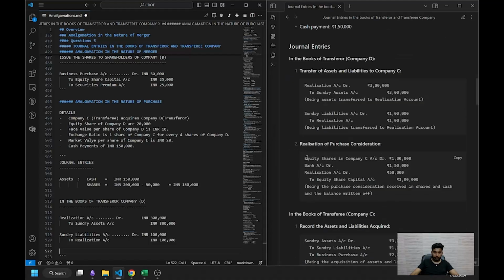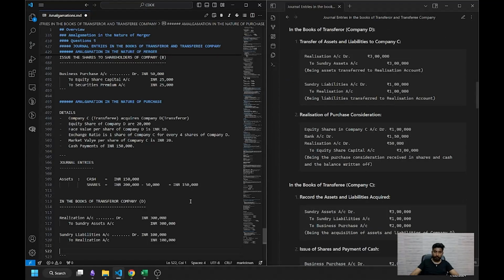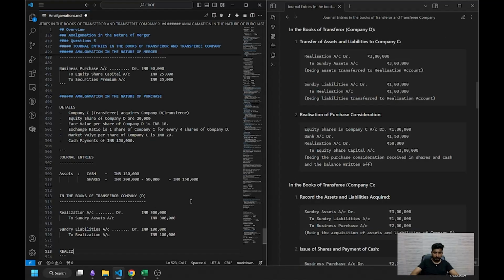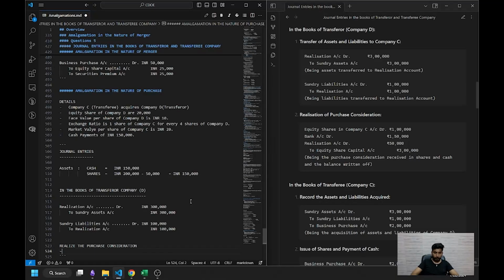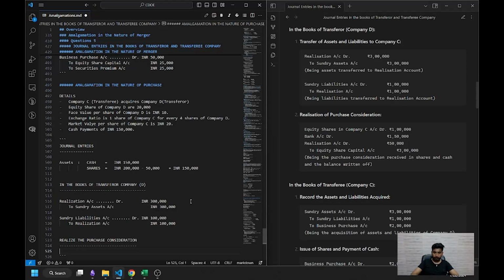Now, after the assets and liabilities have been transferred, we will realize the purchase consideration. When we will realize the purchase consideration, it will be as follows.